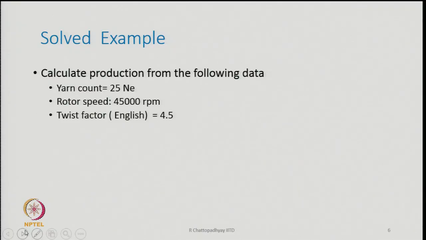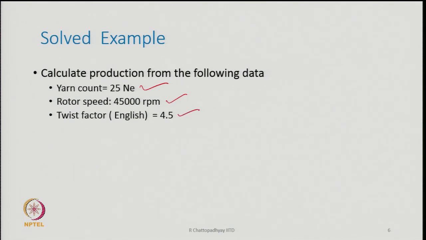Now, we will take some simple examples to solve some problems. They are very straightforward. Calculate production from the following data. What data are given? One is the count of yarn, which is 25 Ne. The rotor speed given is 45,000 RPM. The twist factor in English is 4.5.